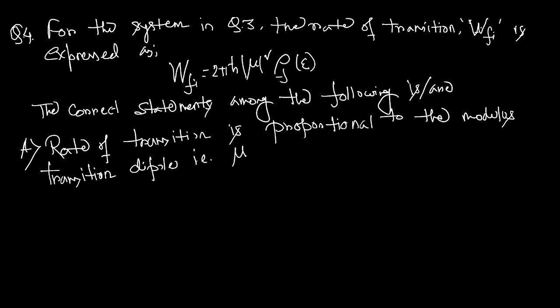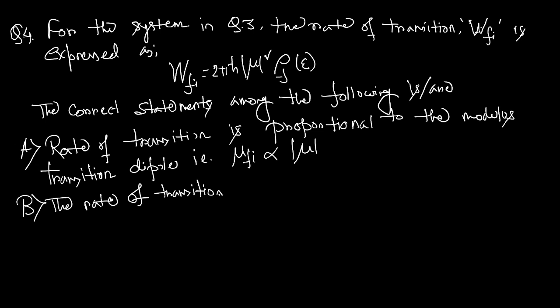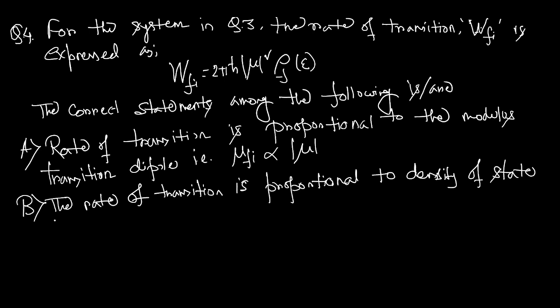B. The rate of transition is proportional to density of states. C. The above expression for A5 is referred to as Fermi golden rule.